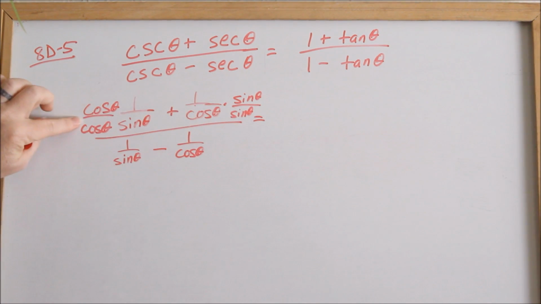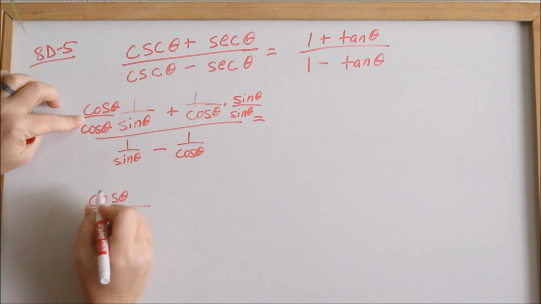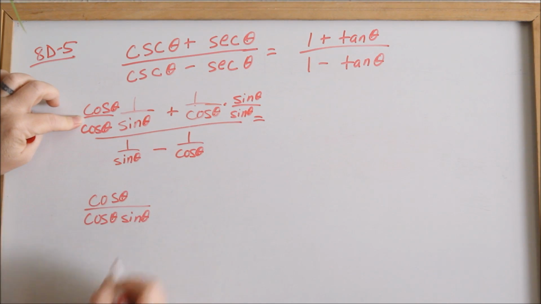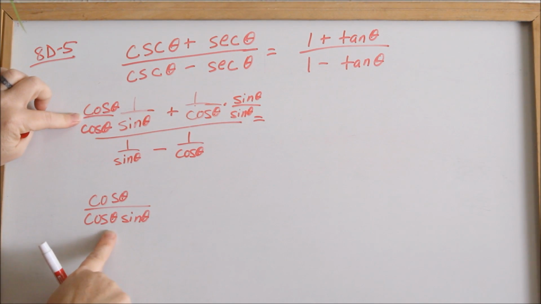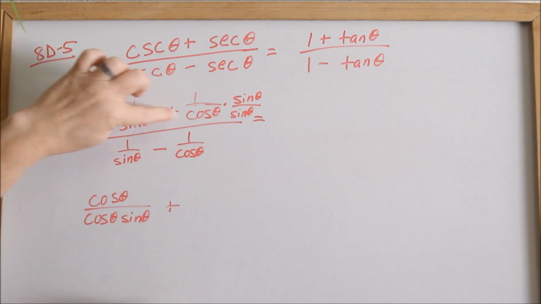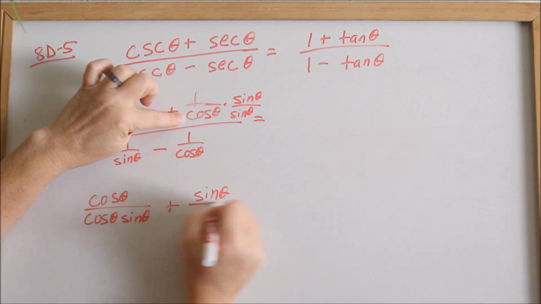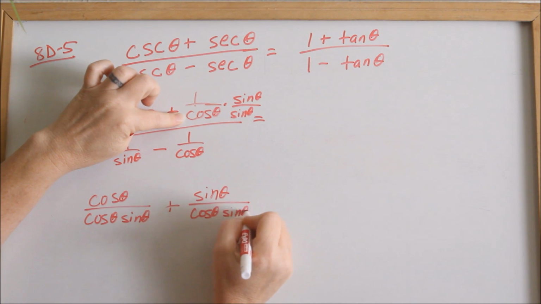Okay, let me just do that first. I'll come down here to the bottom in a minute. So to rewrite this, my new fraction would be cosine theta all over cosine theta times sine theta. That's this whole new fraction right here after making a common denominator. Plus this new fraction, which would be sine theta all over cosine theta sine theta.